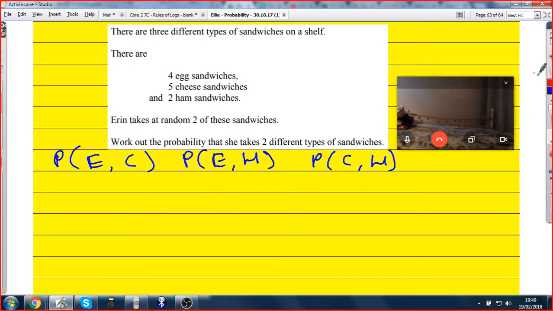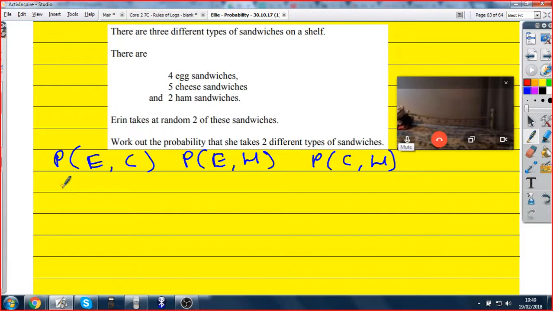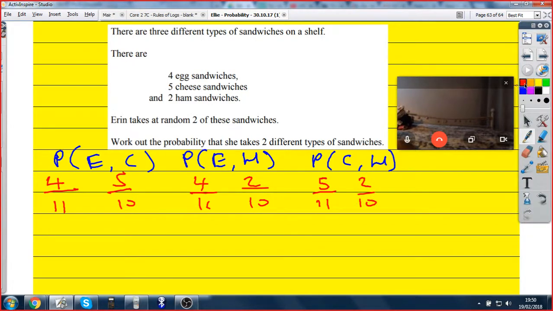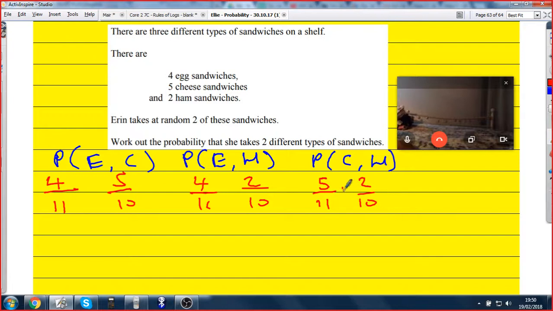So for the first one, 4 out of 11, and then 5 out of 10. 4 out of 11, and then 2 out of 10, and then 5 out of 11, and then 2 out of 10. And then times them.